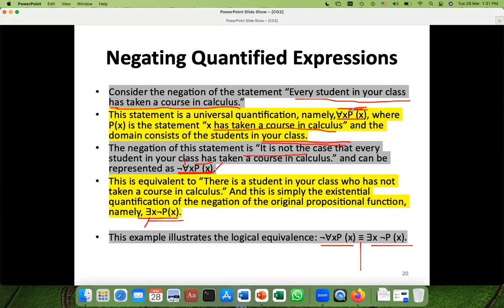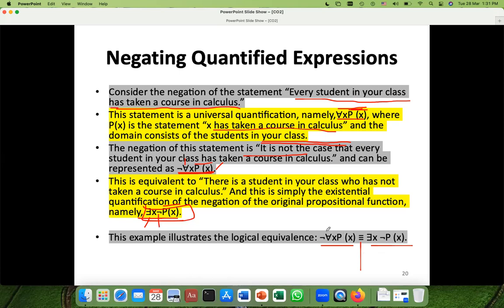And when it is false, it is not for all. There exists some student, there exists some x for which P(x) is false. And this is what you are representing: there exists some x for which P(x) is false. This negation means false, nothing else.